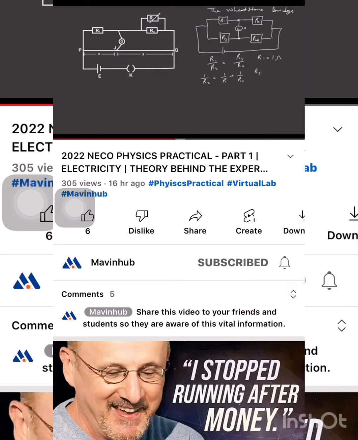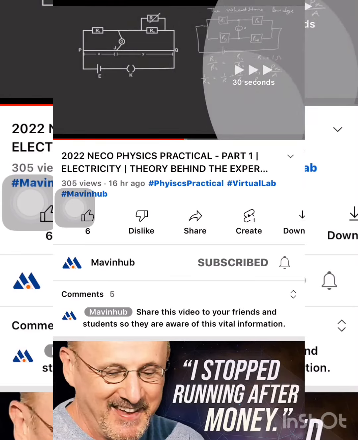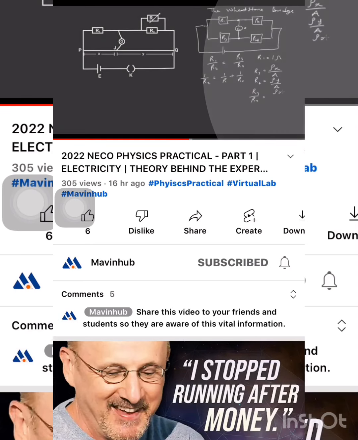Now what about R3? R3 is the resistance due to this resistance wire. In other words, it is the resistivity of that wire, times X divided by cross-sectional area. Then for R4, it is resistivity times Y divided by cross-sectional area. If you simplify, the resistivity and the cross-sectional area will cancel out.